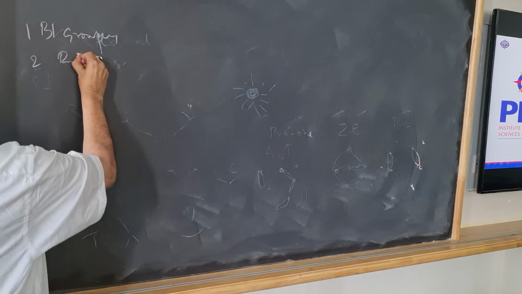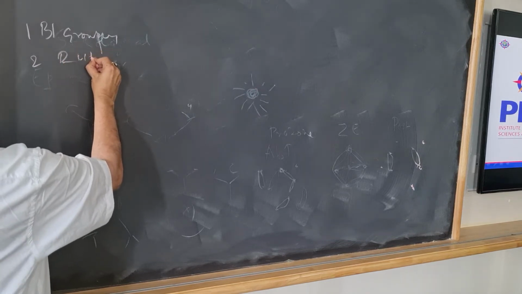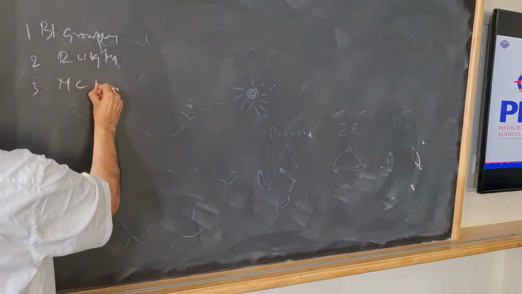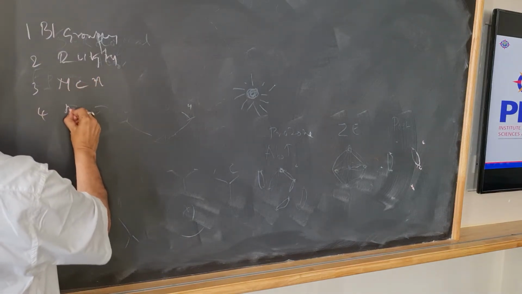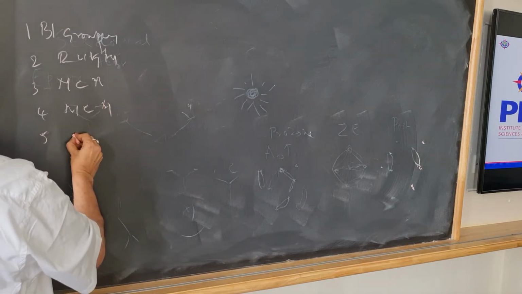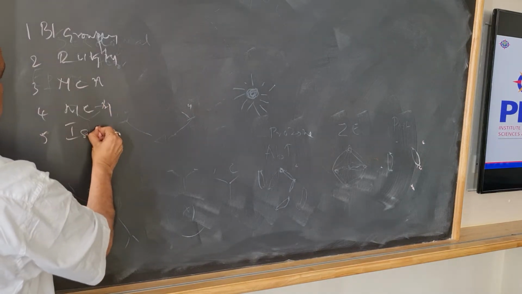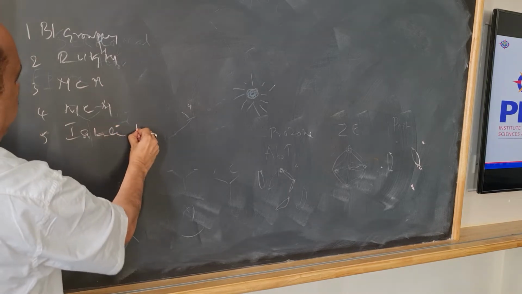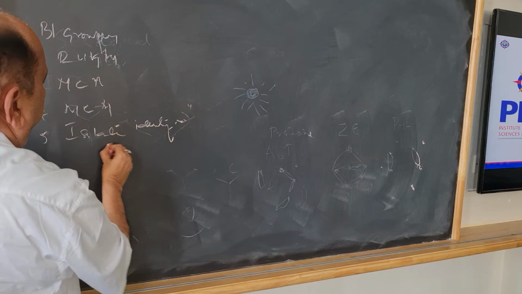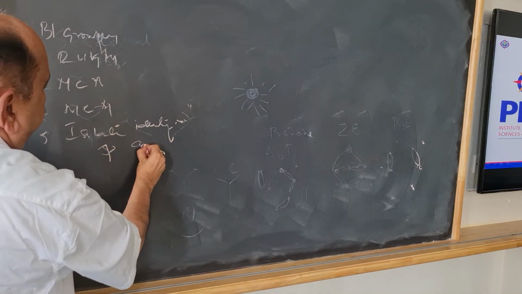Number 2 is RH typing. Third one is major cross matching. Fourth one is minor cross matching. Fifth one is isolate identified by specific anti-serum.